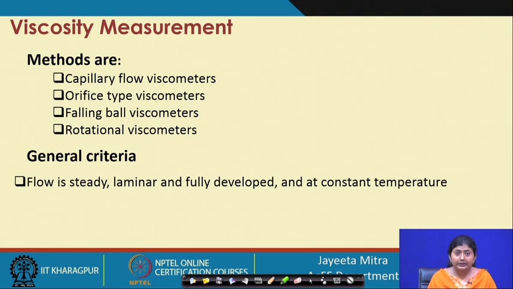We consider fully developed flow, because in fully developed flow we can analyze the velocity profile in a proper way. So, we can relate the viscosity, shear rate, velocity and shear stress properly. So, we will consider that, and also constant temperature.